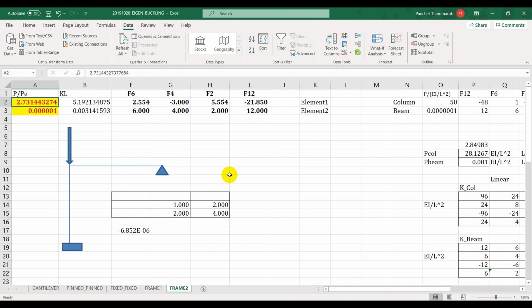setup Ku equals to F, your F will be no longer 0, okay? Because you have the span loading. If you put the distributed force on your beam, then you have span loading. So your span loading will not make your force vector be 0. You will have something in that force vector.